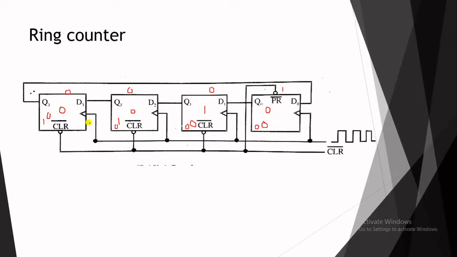Since 4 flip-flops are used, 4 clock pulses are required to complete 1 cycle. Then the next clock pulse is applied and this 1 is fed back to the first flip-flop, so again the output of the counter is 0 0 0 1.